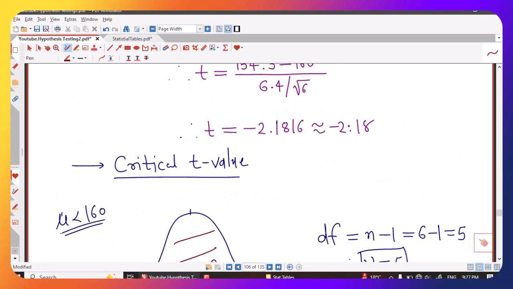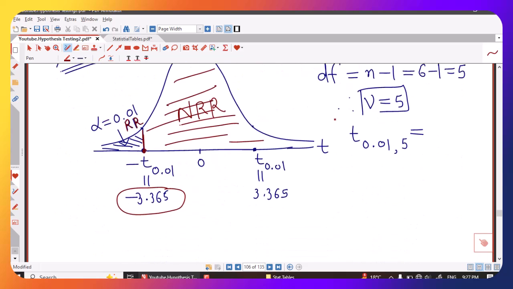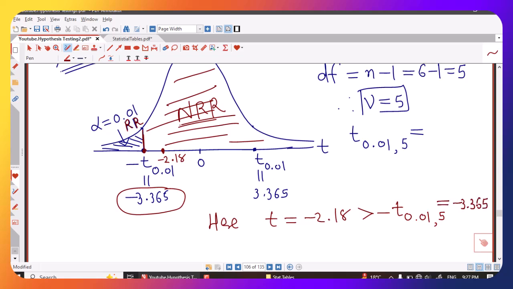Now the calculated value of test statistic is minus 2.18, and we see that minus 2.18 is greater than minus 3.36, which means we are in the non-rejection region. So here we can write t equal to minus 2.18 is greater than the critical value minus t 0.01, which is nothing but minus 3.365.